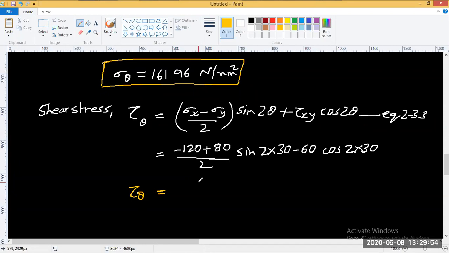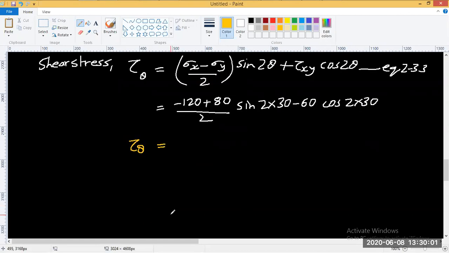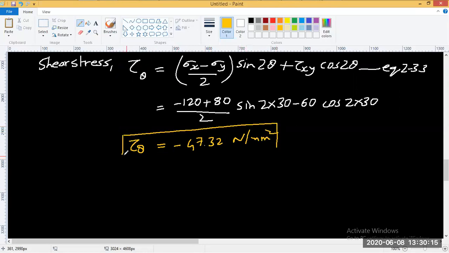So I'm getting a negative answer. Let's check the value. I'm not sure here. I'm getting minus 47.32 Newton per mm square. Let's check this value. I've got this value here after calculating. The tau theta, that's the value.